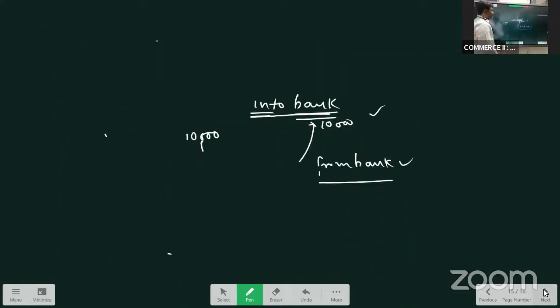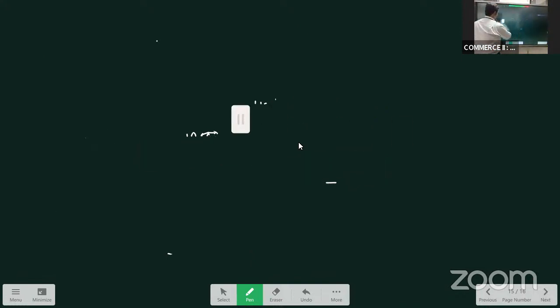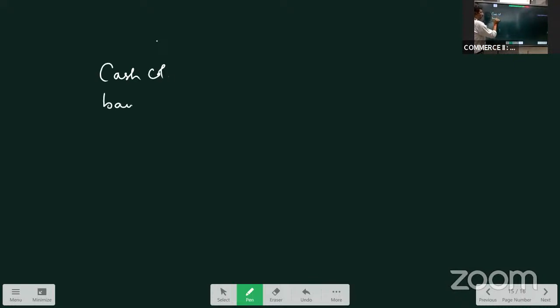So let us talk about these 3 columns. At the end of the month, after all the transactions are recorded, balancing will be done. Cash column, bank column, and discount column. These are the 3 columns in our 3-column cash book.